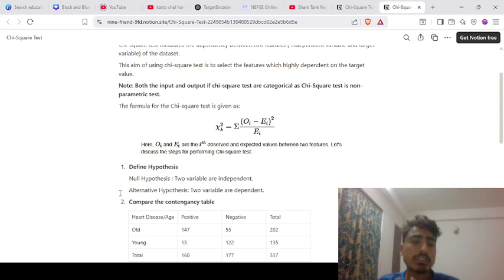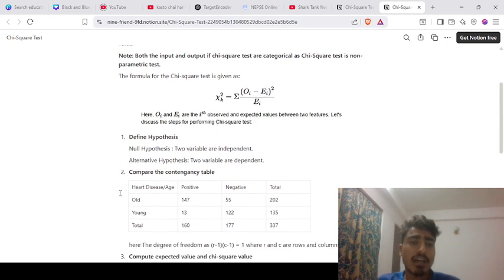The null hypothesis denotes that the two variables are independent. At first, the feature we are going to test is assumed to be independent of the target variable, and the alternative hypothesis shows that there is a dependency between these two variables.